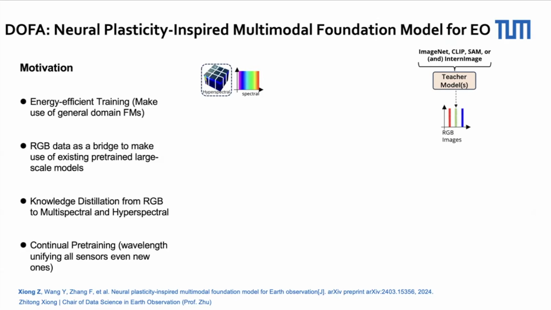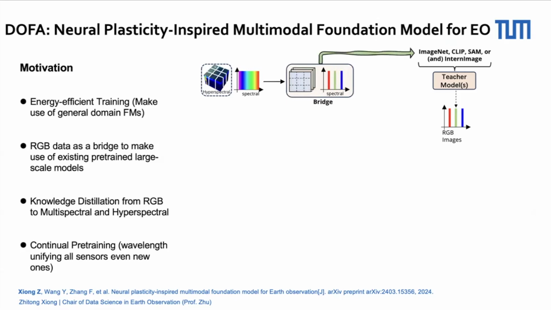But as we all know, RGB images only use three bands, but for the EO data, we are actually using hyperspectral or multispectral data. So there's a gap. How could we do the knowledge distillation?